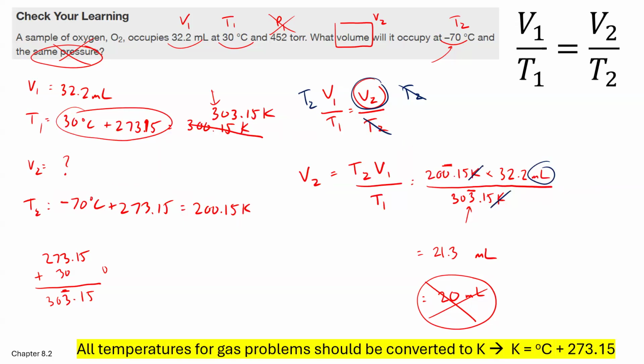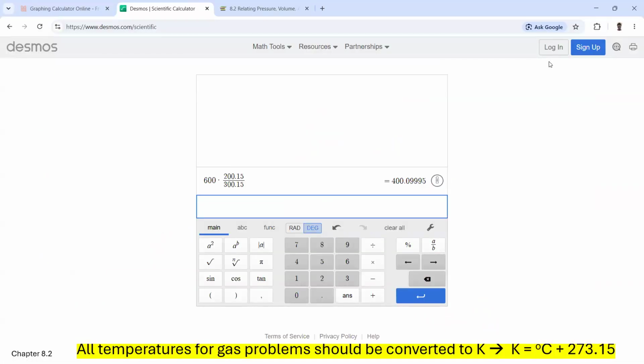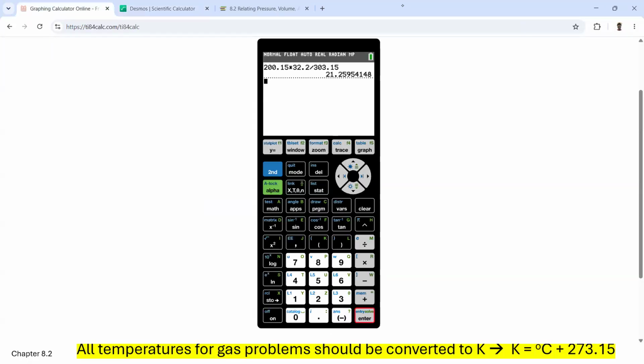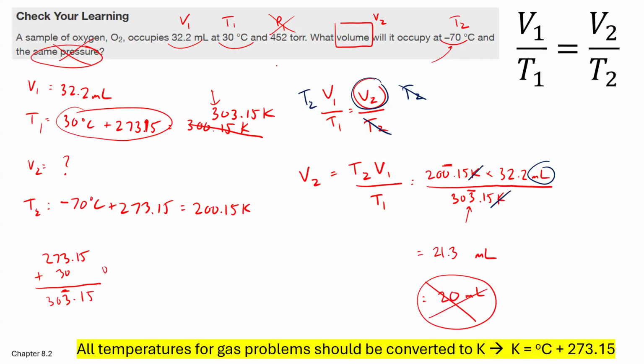Let me open up the calculator. Okay, so it should be 200.15 times 32.2, minus 70, so 303.